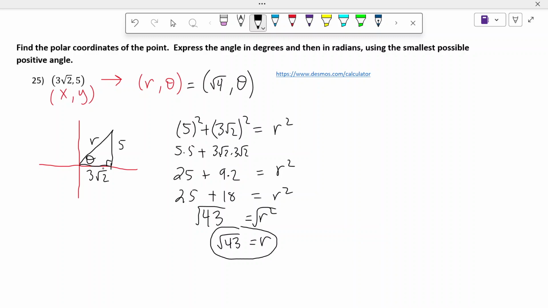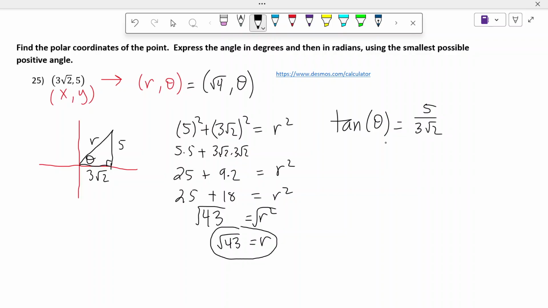To do that, we're going to have to do some inverse trig. They gave us the x and the y. Here we have the opposite and the adjacent. So that's a good old tangent. So a tangent of this mystery angle is the opposite over the adjacent.